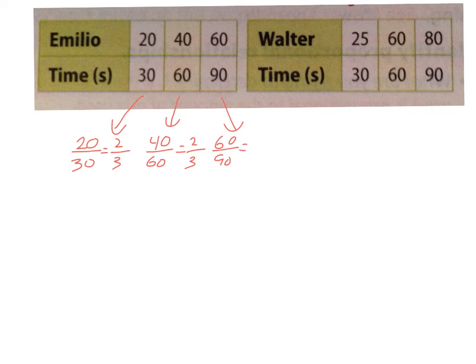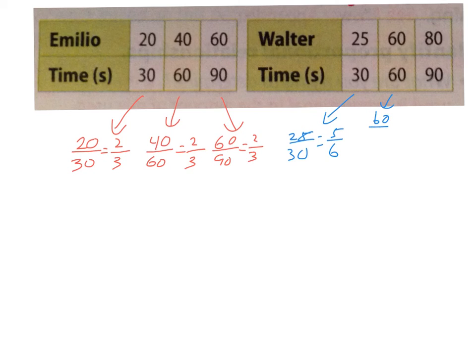If we look at the first one, this is 20 to 30, or 2/3. This one is 40 to 60, which is 2/3. This is 60 to 90, which is also 2/3. When I look at Walter's, I get 25 to 30, which is 5/6.